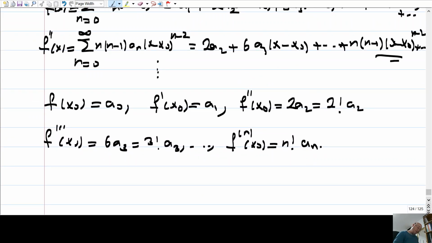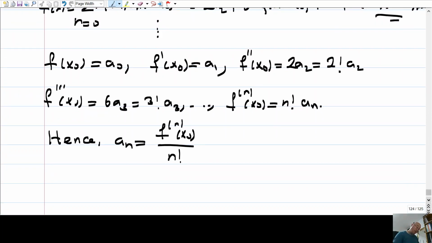And from this, we see what? Hence, if we have a convergent power series about some point x0, then the coefficient an is just the nth derivative of the function evaluated at x0 divided by n factorial. Alright, so this is true for all n.